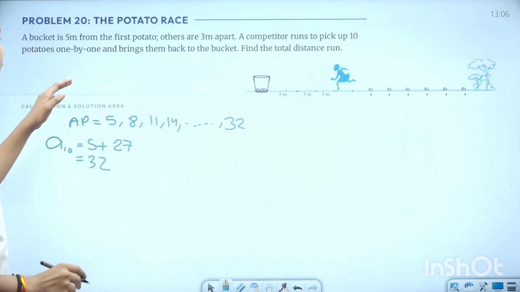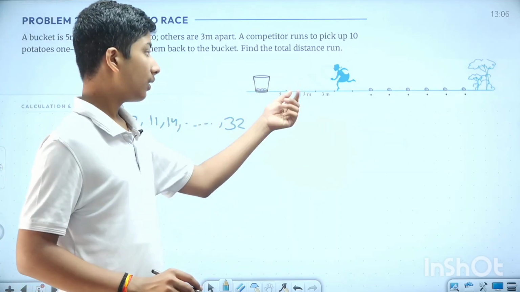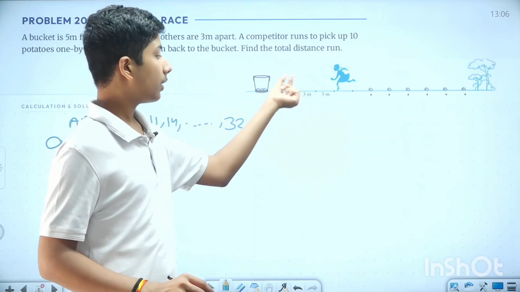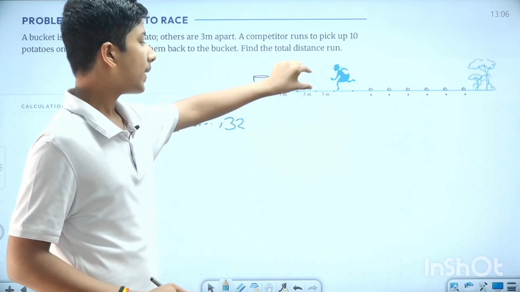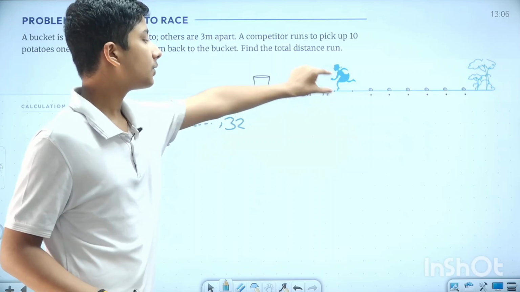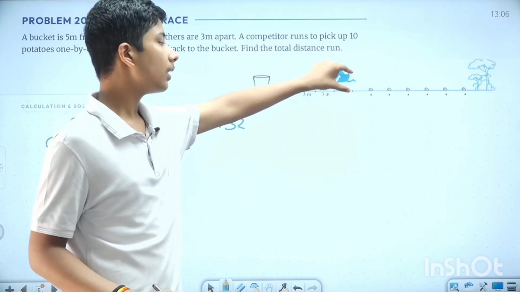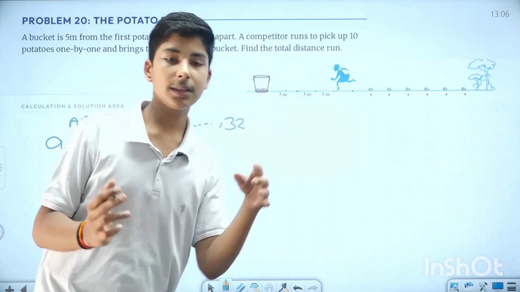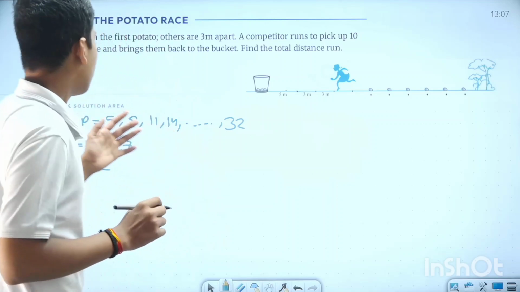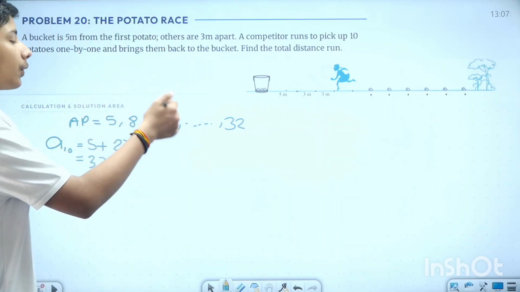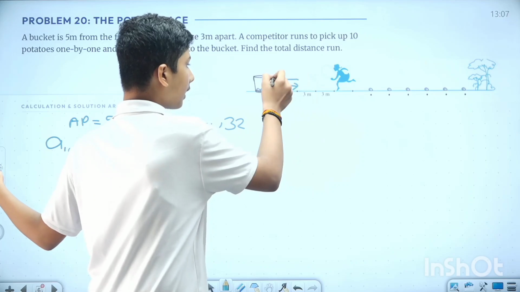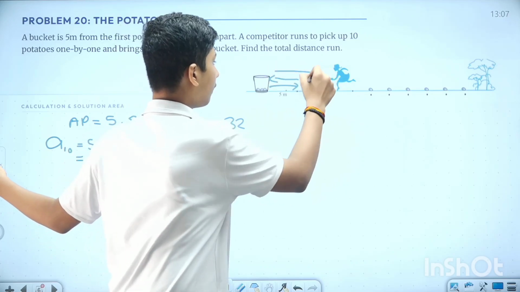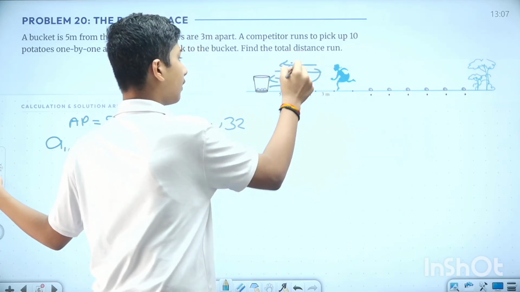Now it is given that she goes, picks the first one, then comes back. She goes to the next one, picks it, comes back, then the next one, picks it, comes back, and this continues. Now you can see, firstly she covers 5 meters, then again covers 5 meters, then covers 8 meters, then again covers 8 meters.